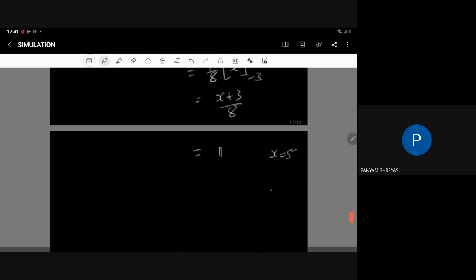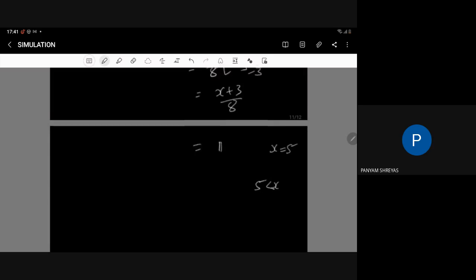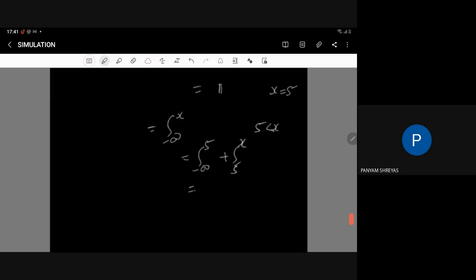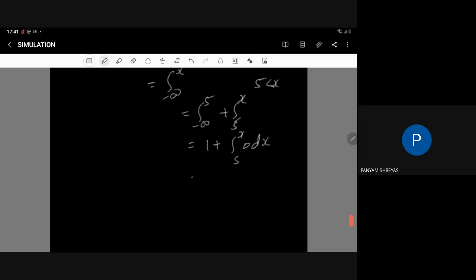So when we have x greater than 5, the integral from minus infinity to x can be written as the integral from minus infinity to 5 plus the integral from 5 to x of 0 dx. So it is equal to 1 plus 0, that is 1.